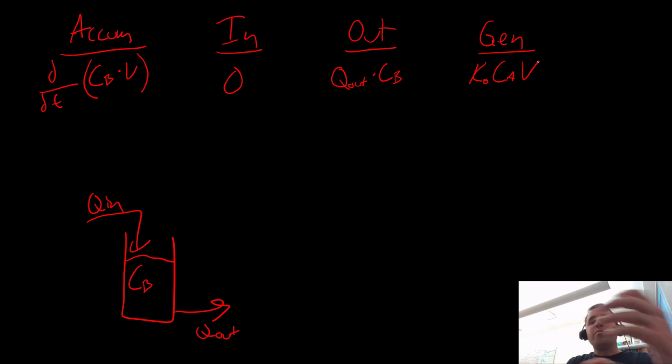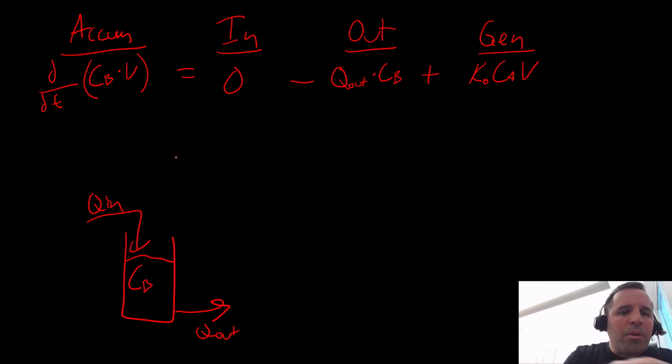So the generation of B still depends on the concentration of A. If we break that out like we did before, we would say accumulation equals in minus out plus generation. We would break this out using the product rule.